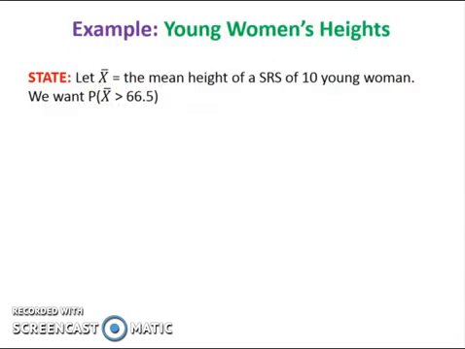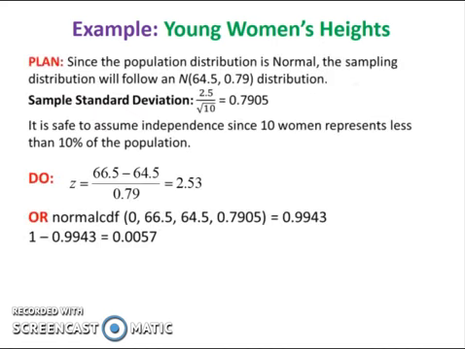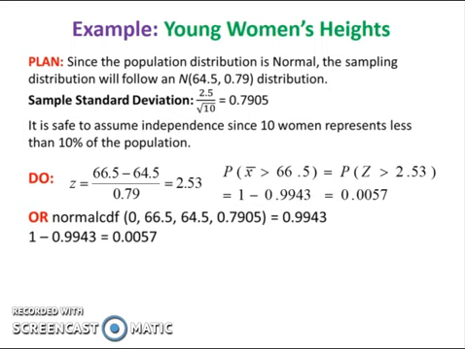So let's go through our four-step process that we love so much. State: let x bar be the mean height of a simple random sample of 10 young women. We want to find the probability that their average is greater than 66.5. So let's come up with our plan.